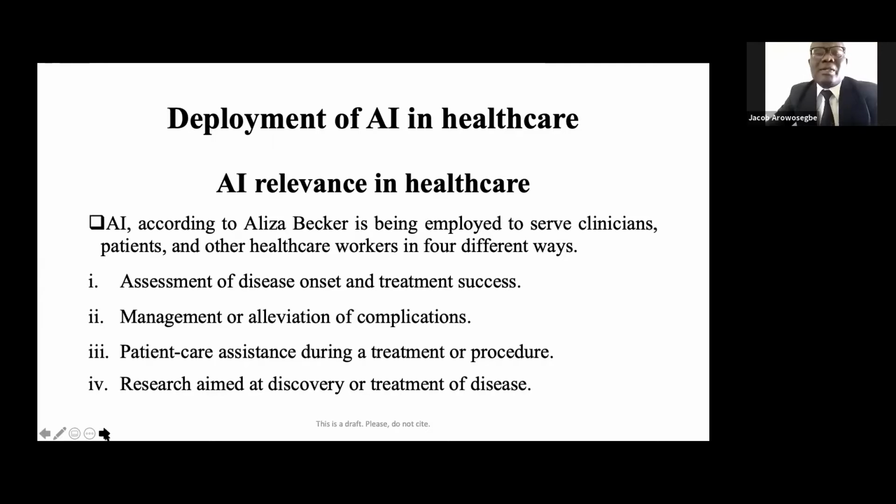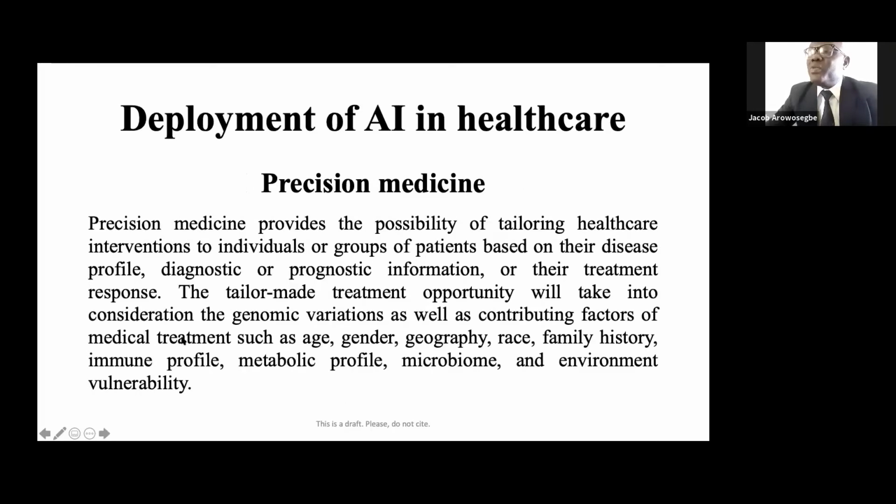So in talking of specific areas where AI is or can be used in the healthcare space, we are now going to look at about 4 or 6 areas. The first one is precision medicine, which provides the possibility of tailoring healthcare interventions to individuals or groups of patients based on their diagnostic or prognostic information and treatment response.